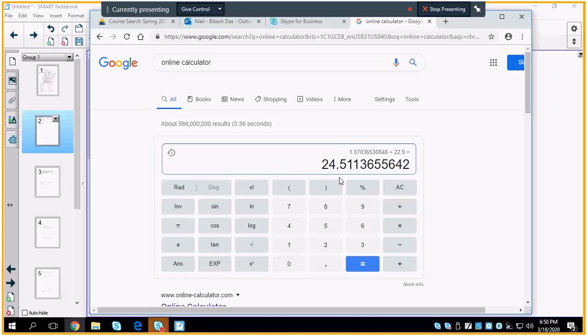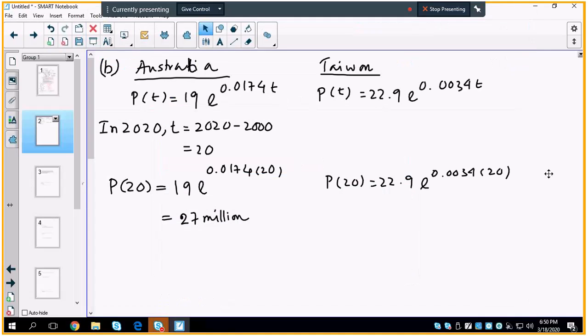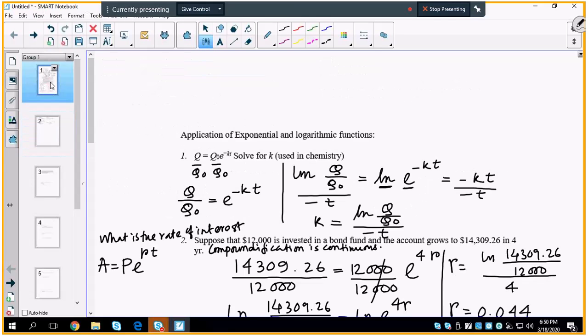So the population of Taiwan, rounded to the nearest whole number, is 25 million. So for Taiwan, I get around 25 million in the beginning of 2020. That answers the estimation for part B in this problem.